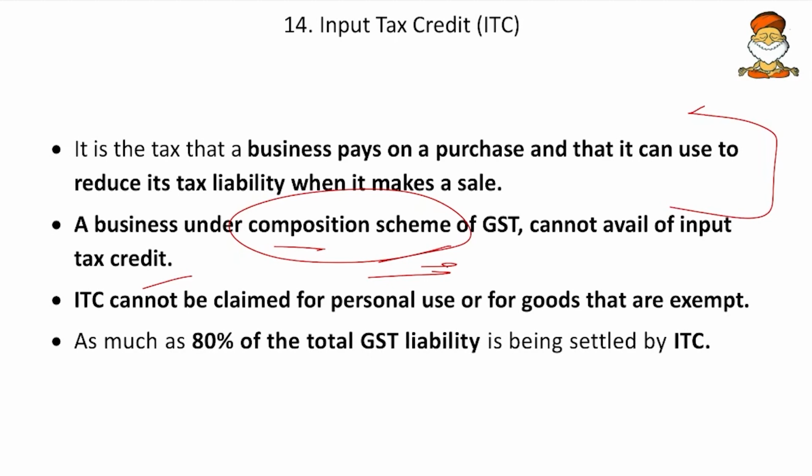You have the availability of the input tax credit only if you are manufacturing a good. If you are using that good for personal use, no input tax credit. Then, as much as 80% of the total GST liability is settled by the input tax credit, because most of the inputs you are purchasing and most of the tax you are paying is for the inputs. So that 80% will be reimbursed.